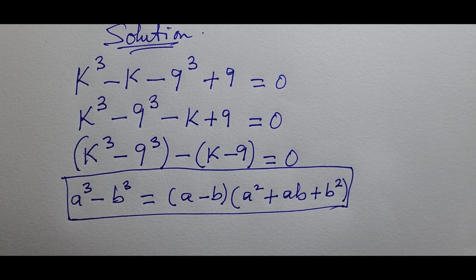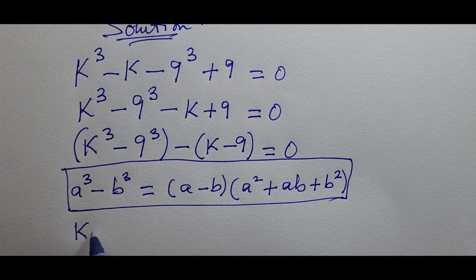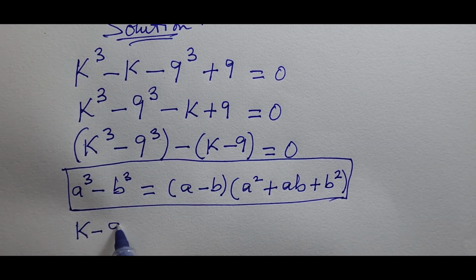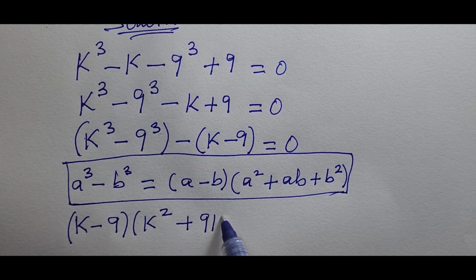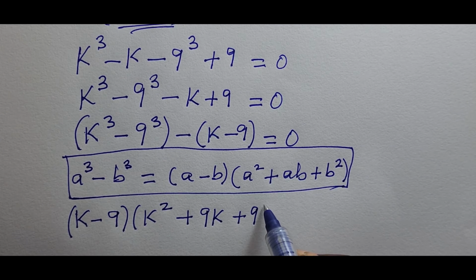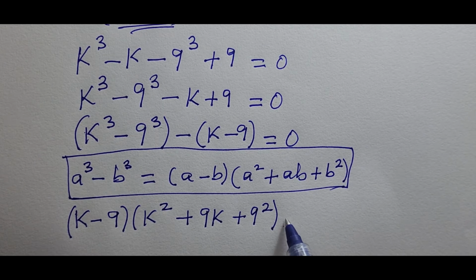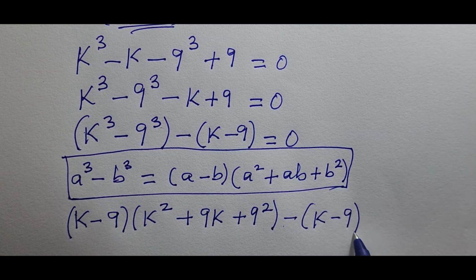Rewriting this gives us k minus 9, close bracket, then open bracket, k to the power of 2, plus 9k, then plus 9 to the power of 2, close bracket. We bring out this term here, so minus bracket k minus 9, close bracket.